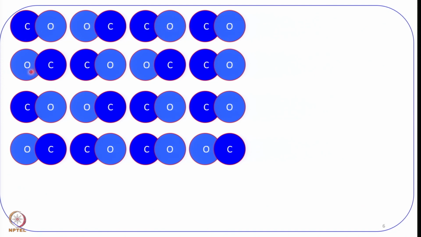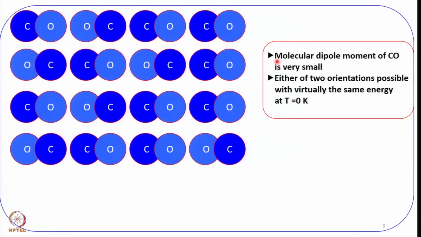CO, CO, OC, CO, OC. It is not perfectly crystalline at absolute 0 because there is some configurational disorder. But this configurational disorder does not change the energy of the crystal. That means at absolute 0, the minimum energy conformation can have carbon monoxide arranged either like CO or like OC. It does not make any difference. Two possible orientations of carbon monoxide give rise to the same minimum energy in the crystal.